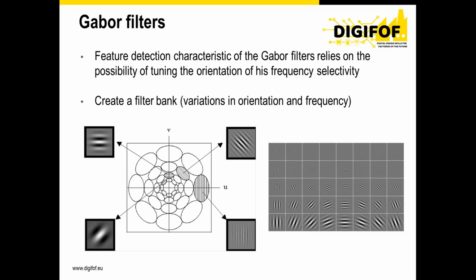So we are trying to guess the orientation and also the frequency of the texture. Guessing means generating a lot of Gabor filters with different frequencies and different orientations, as you can see in the filter bank on the right side of the image.